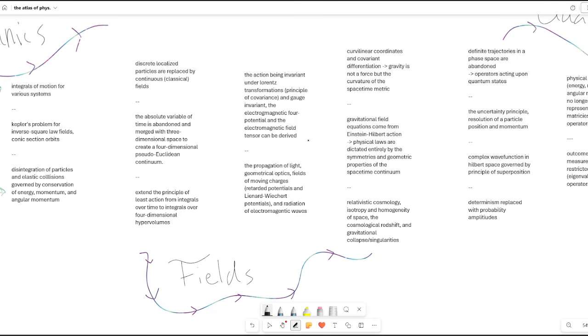And then finally, we end with the idea of curvilinear coordinates and the notion of covariant differentiation.